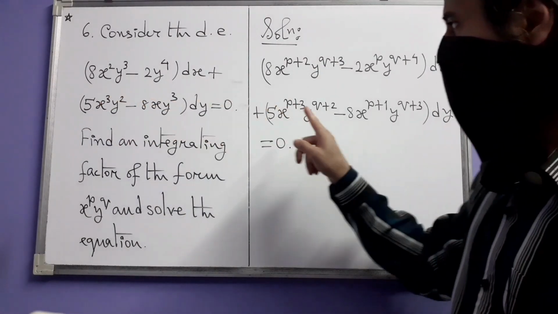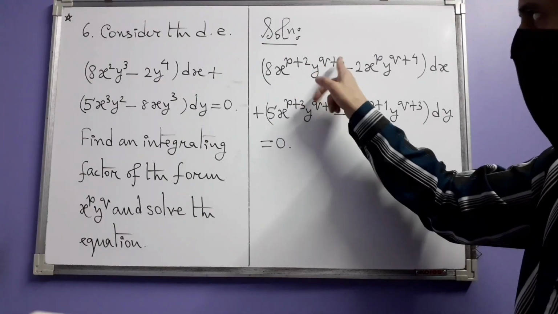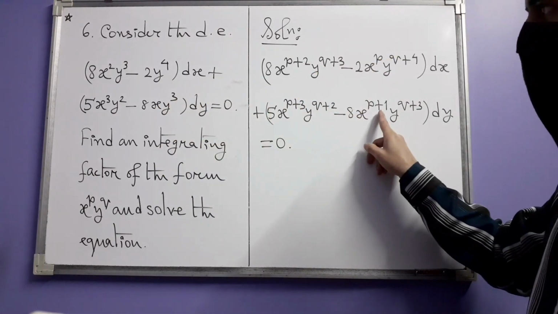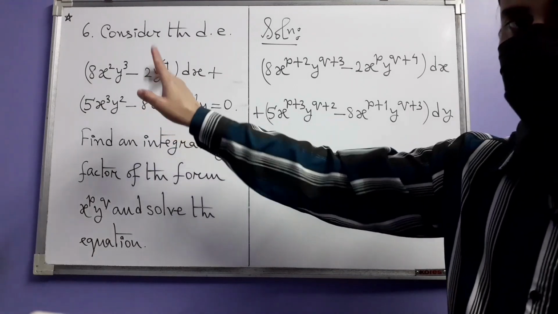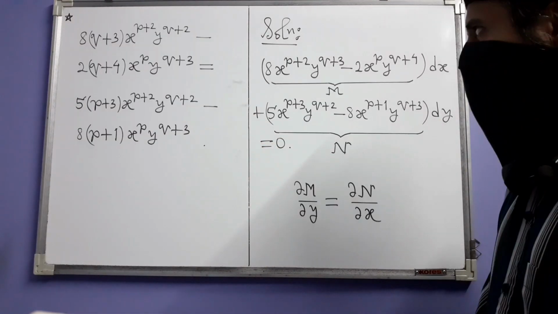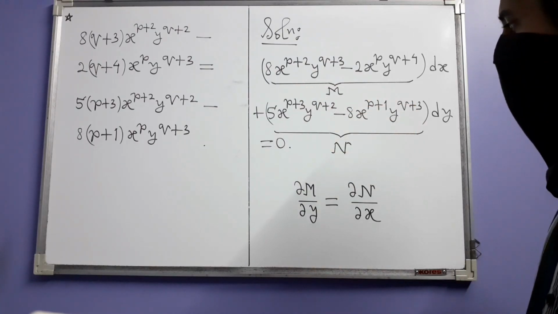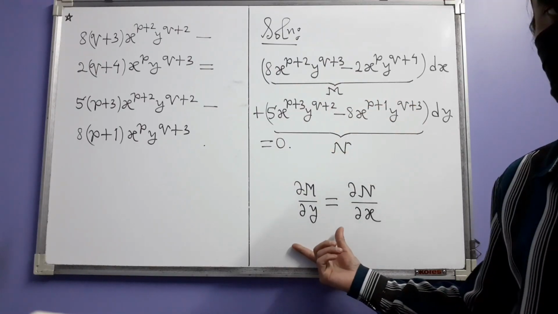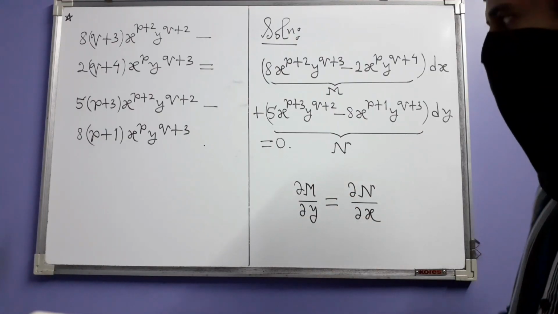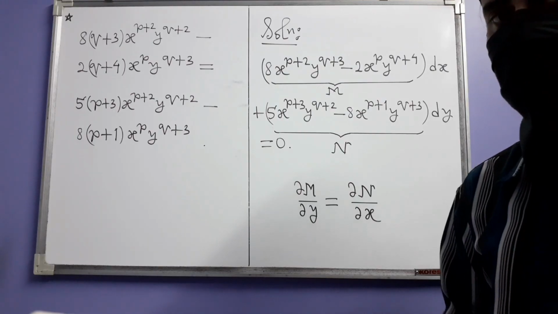Then p plus 3, q plus 2, there we have p plus 2 and q plus 3, and here it will be p plus 1 because here we have x to the power 1 and q plus 3. So next we name these things as usual M and N, and then this is the condition for exactness: del M del y should be equal to del N del x. So now we carefully calculate these partial derivatives and let's see what we have got.